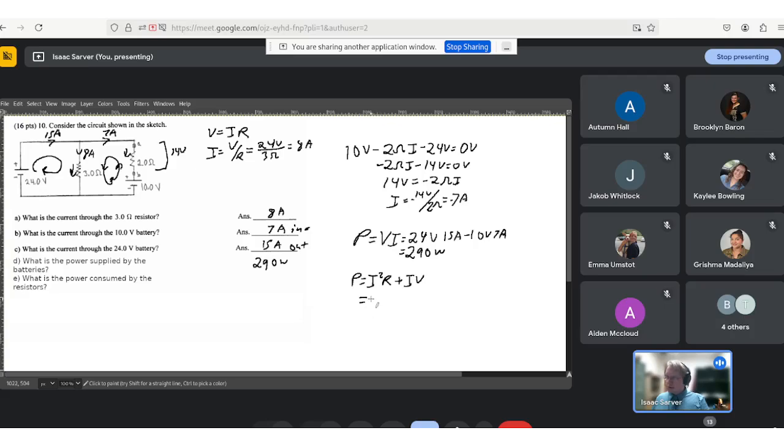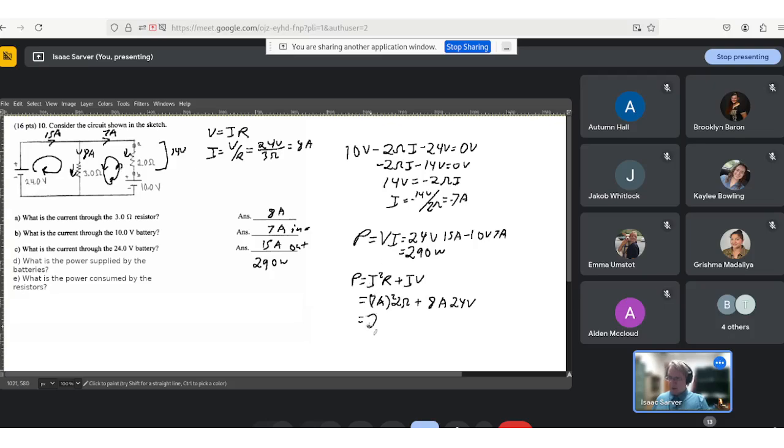So let's see, we have 7 amps squared times 2 ohms, plus the 8 amps and 24 volts on the other one. So that's 49 times 2 plus 8 times 24.